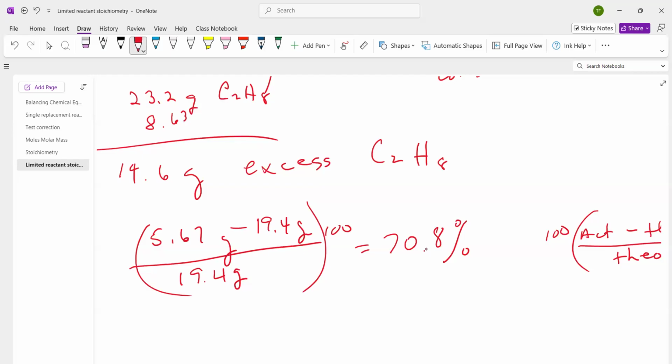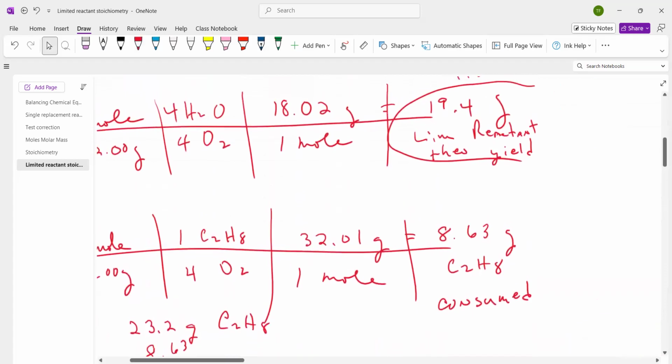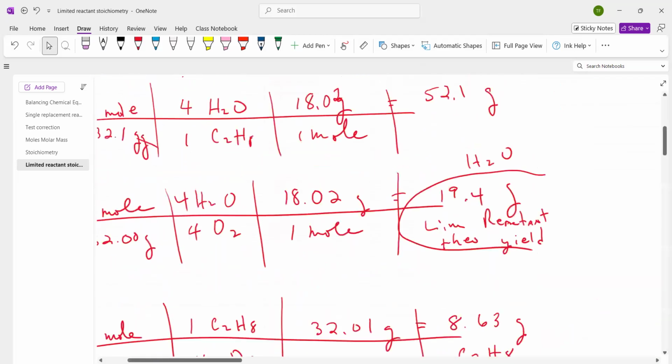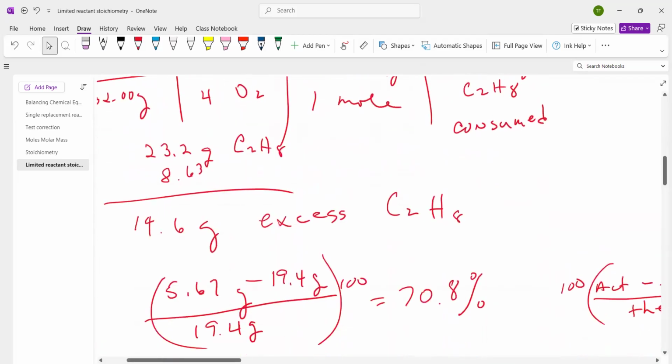Okay, so the theoretical yield is 19 grams of water. That's here. And I said you actually got 567. So then you have to calculate the difference between those two over the theoretical.